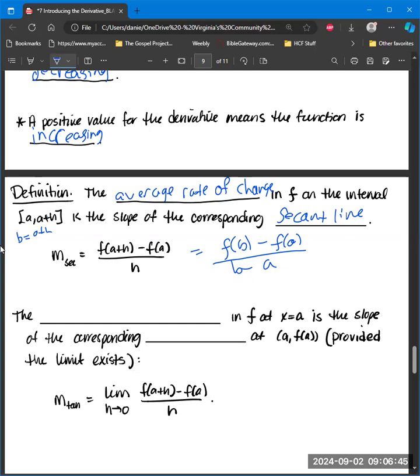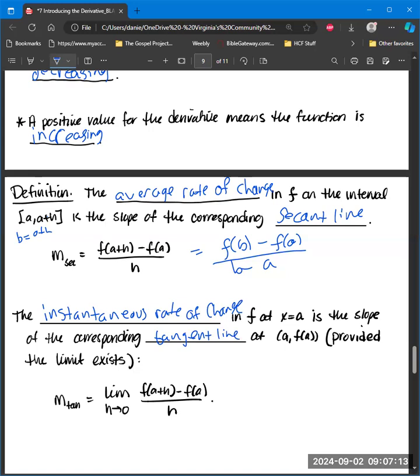So the instantaneous rate of change in f at x equals a is the slope of the corresponding tangent line at a, f of a, provided that the limit exists.